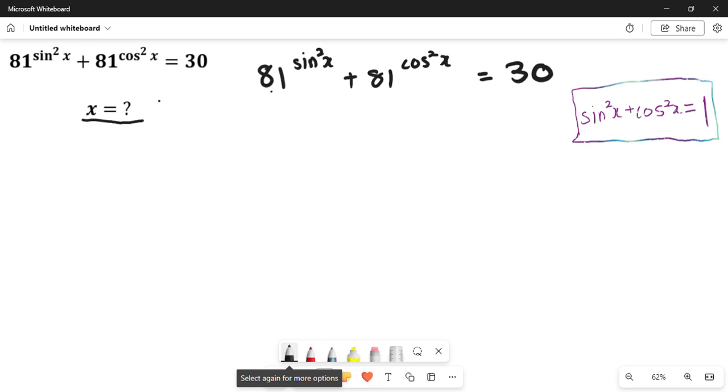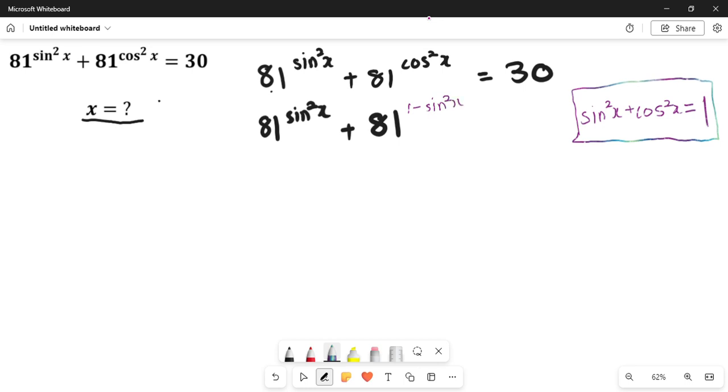But anyways, I'm just gonna leave sine square x, but I am going to change cos square x into 1 minus sine square x. That's probably my best bet.